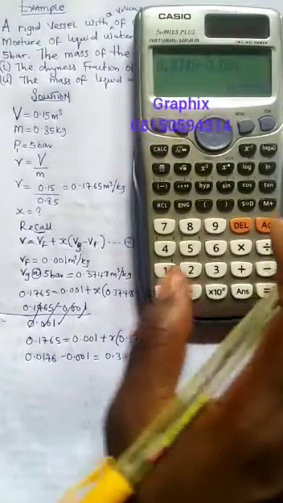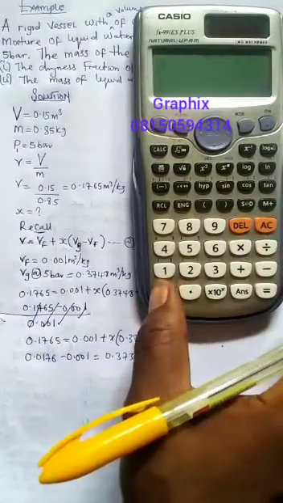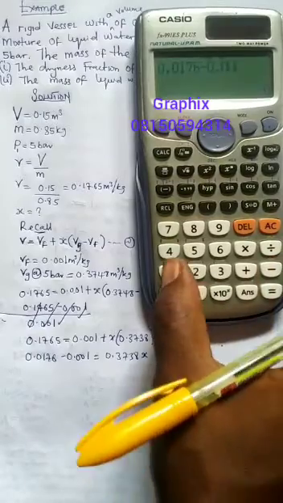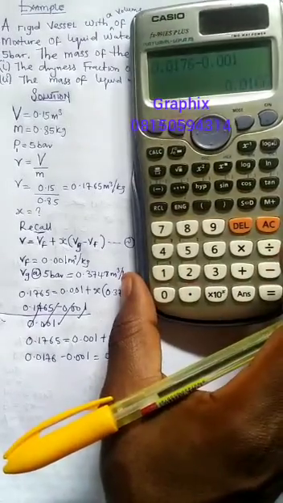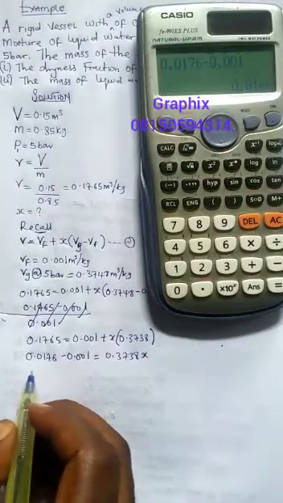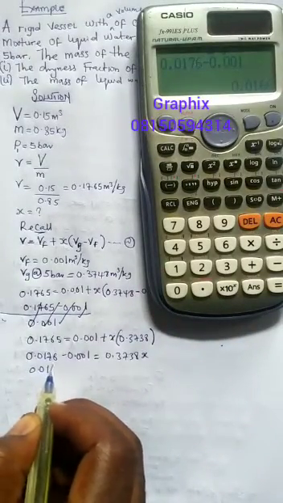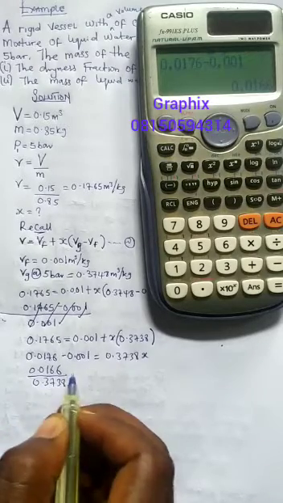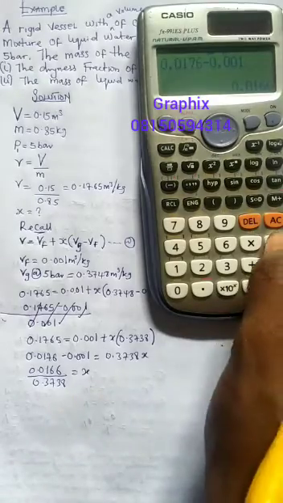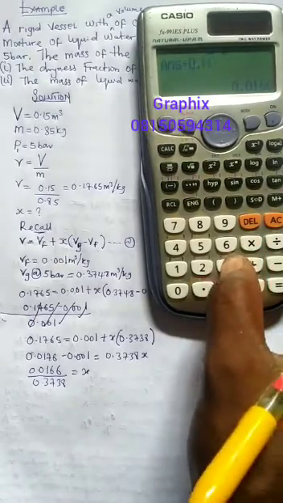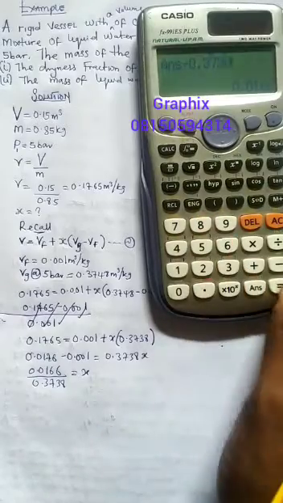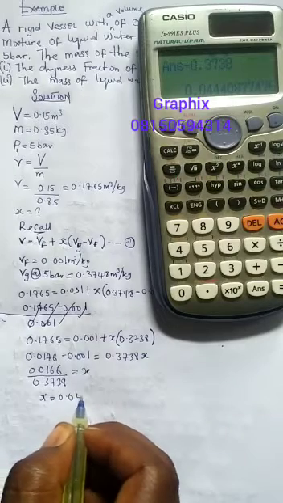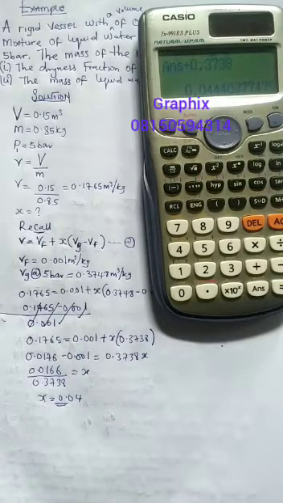Let me first subtract this: 0.1765 minus 0.001 gives 0.1755. Then 0.1755 all over 0.3738 equals x, so I divide by 0.3738.